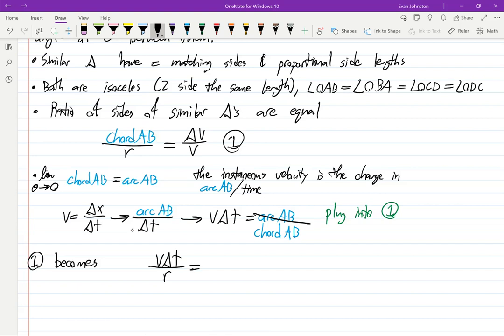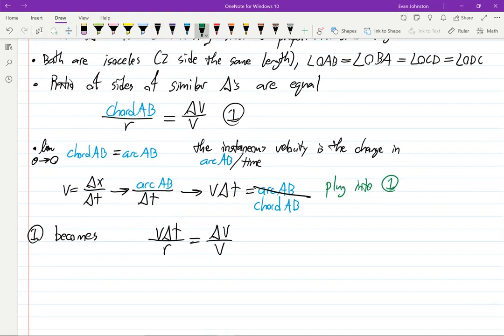equal to the change in velocity over the velocity itself. Now, we're going to do one little bit of algebra gymnastics. I want to multiply v to the left side and divide by time on the right side. So if I do that, divide by delta t and multiply by v on both sides.